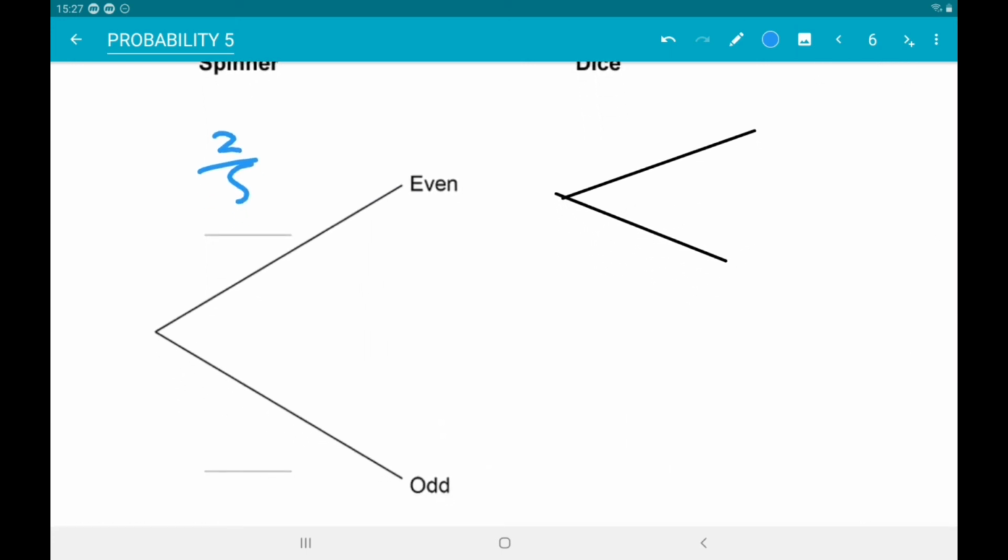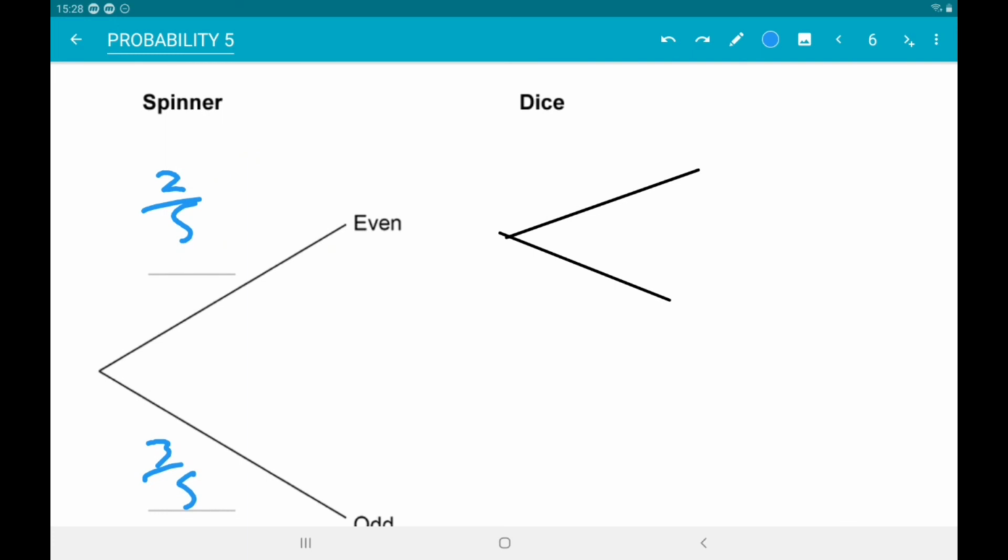And the odd is 1, 3 and 5. So that's 3 out of 5. Alright. Now the dice can land on red or green. 5 faces are red, so that's 5/6. And then a 1/6 for green.